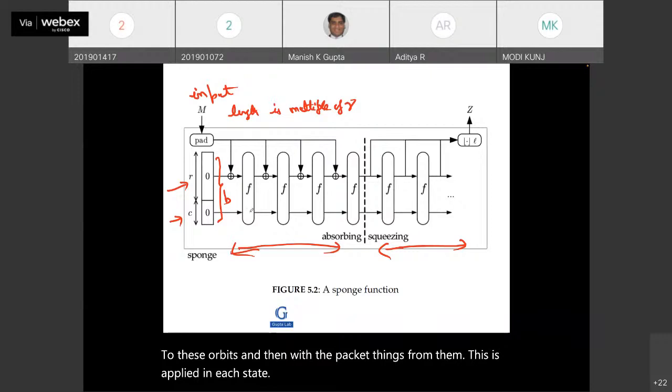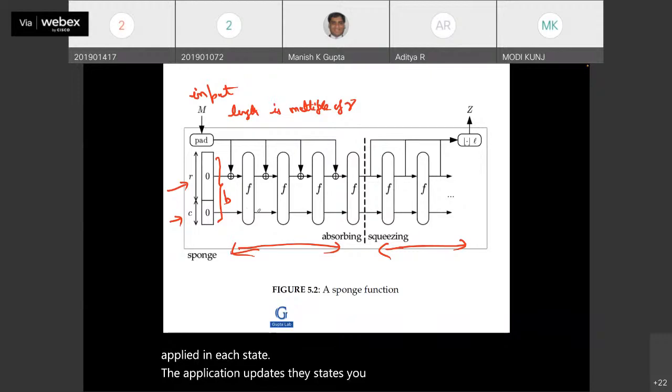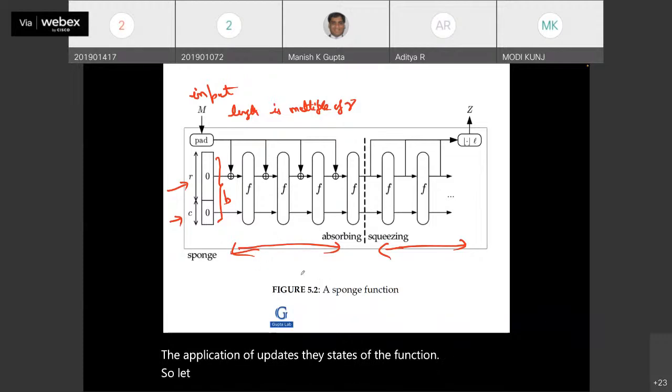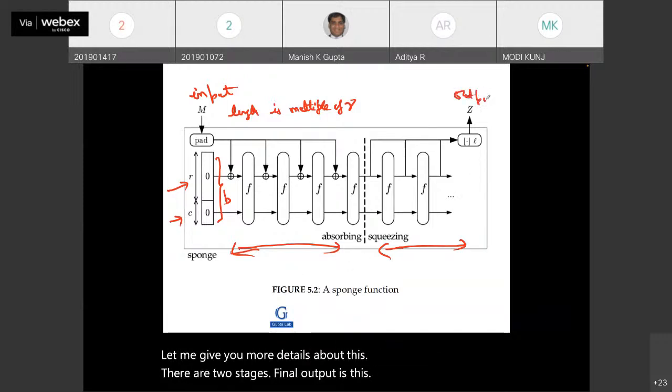The application of F updates the state of the function. Let me give you more details about this. There are two stages. The final output is this. L bits are output.